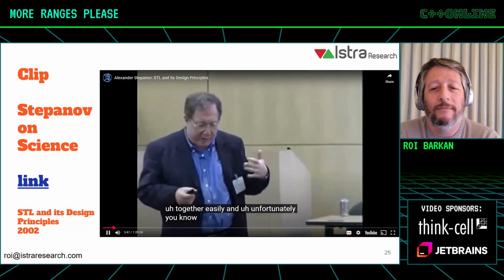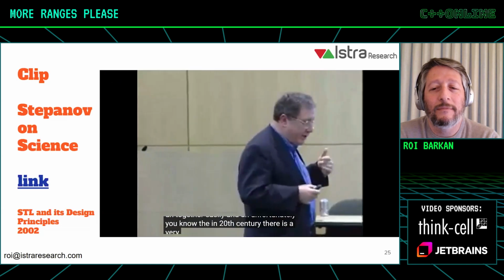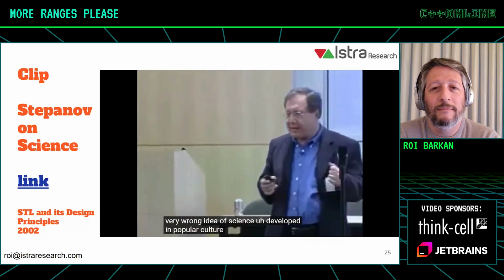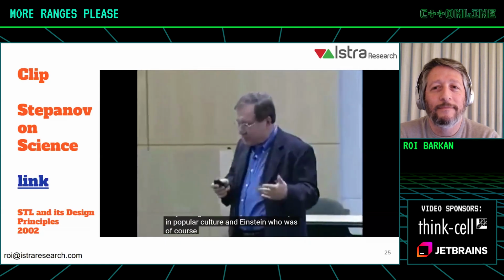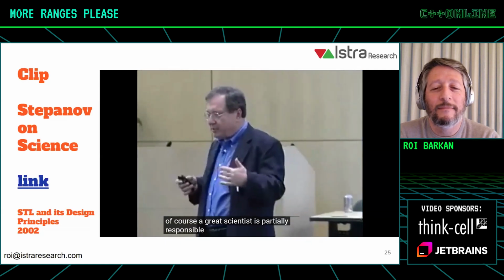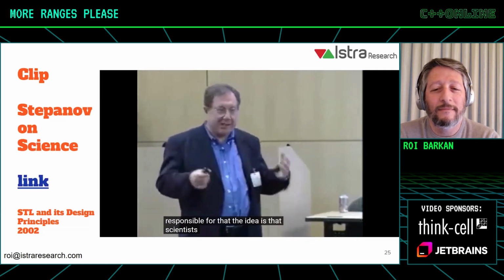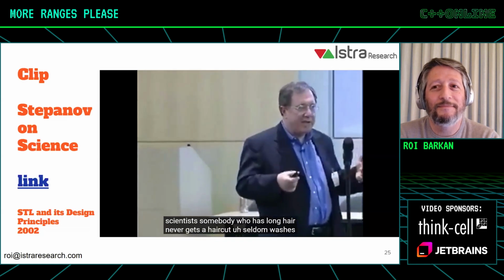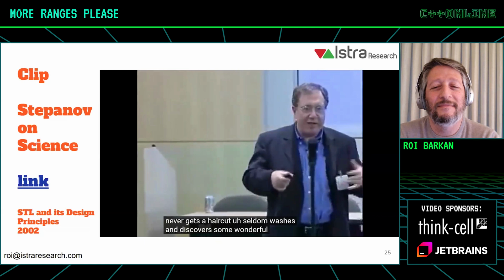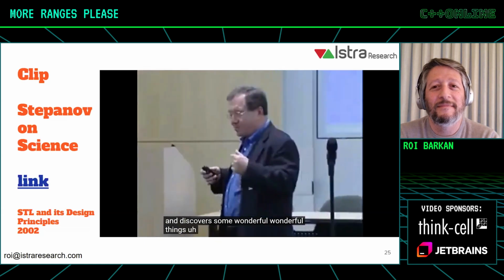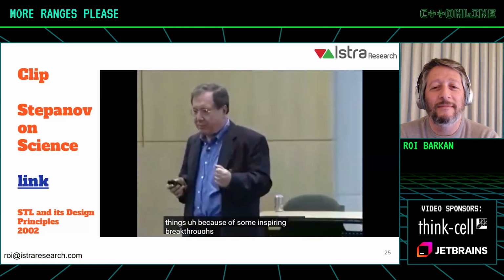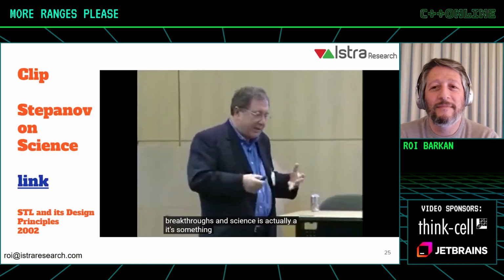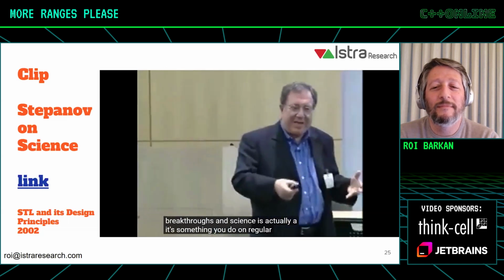Unfortunately, in the 20th century, there is a very wrong idea of science developed in popular culture. And Einstein, who was, of course, a great scientist, is partially responsible for that. The idea is that a scientist is somebody who has long hair, never gets a haircut, seldom washes, and discovers some wonderful, wonderful things because of some inspiring breakthroughs. And science is actually something you do on a regular basis.